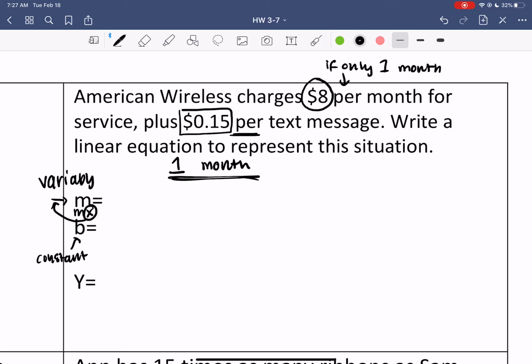So if I don't send any texts per month, I'm still going to have to pay that $8. But for each text that I send, I'm going to have to pay that 15 cents. So then, as I substitute them in, I can substitute both of those numbers in, mx, and then plus b.